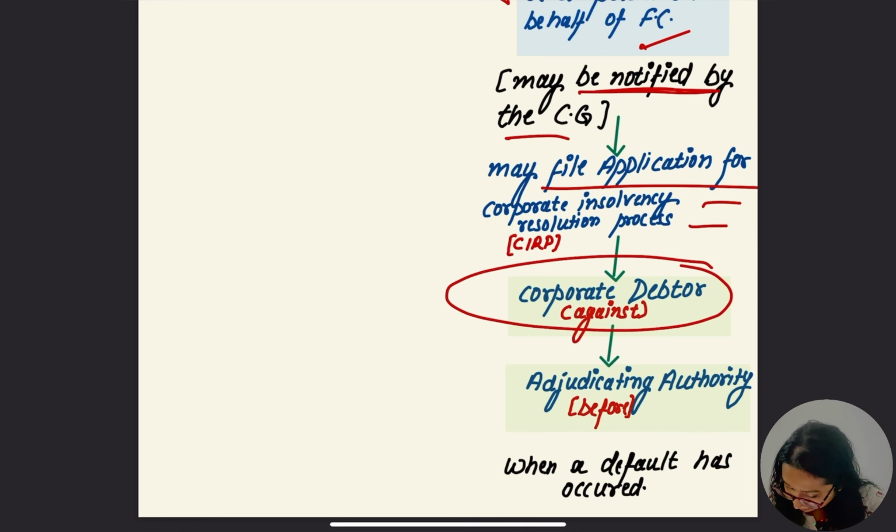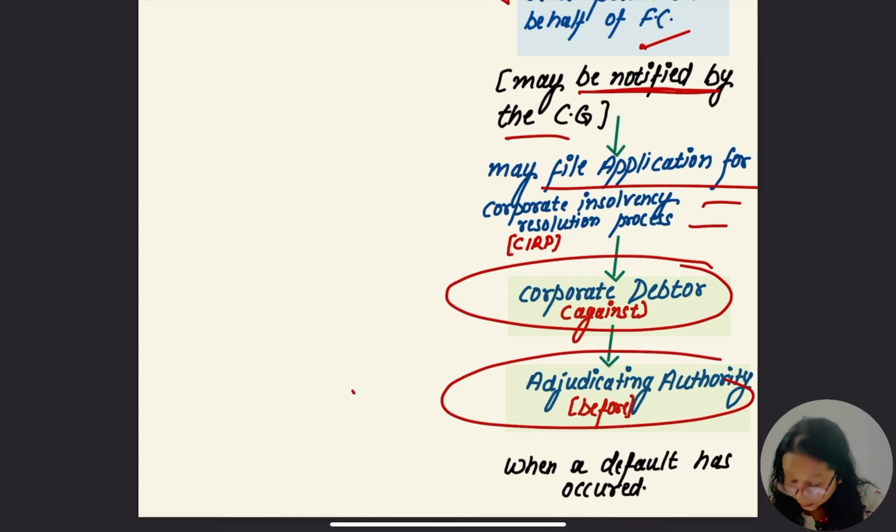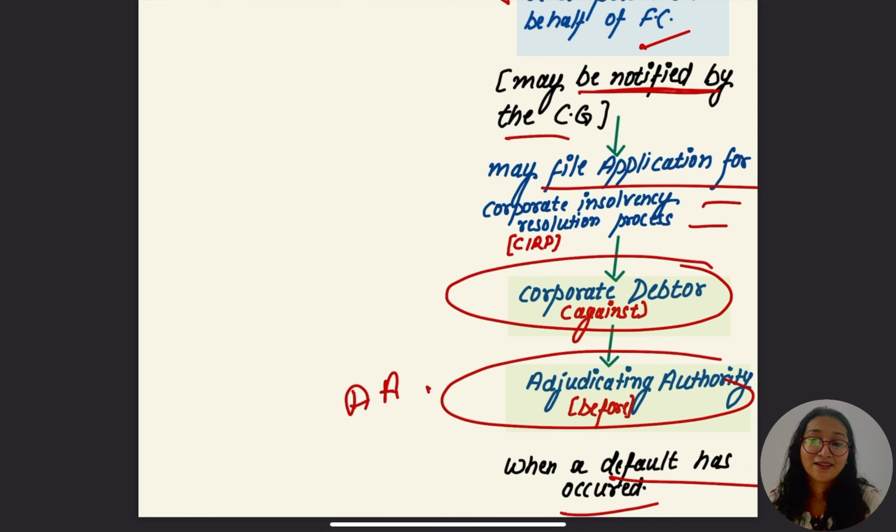Once the default has occurred by the corporate debtor, the financial creditor can apply to whom?